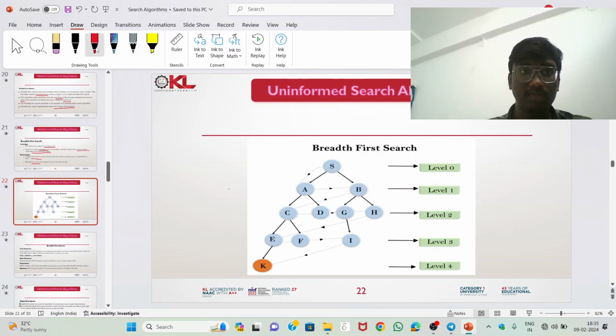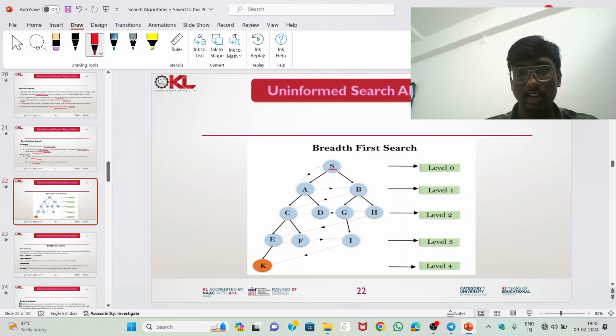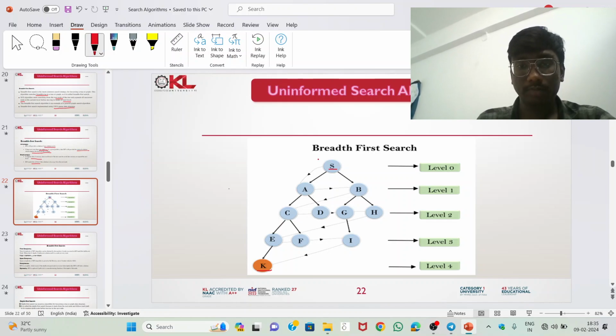Let us discuss breadth first search using an example. Let's start from the root node, and here the goal is K. First, the process starts from the root node and checks all the successors at the next level. Next level is A and B. We search A and B, and still we have not reached the goal.